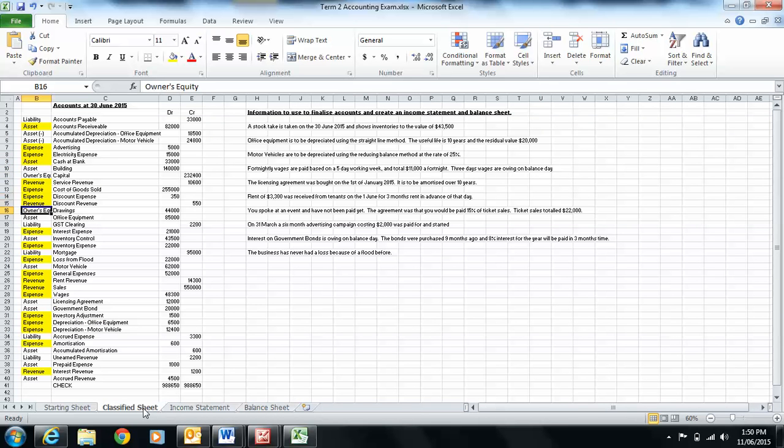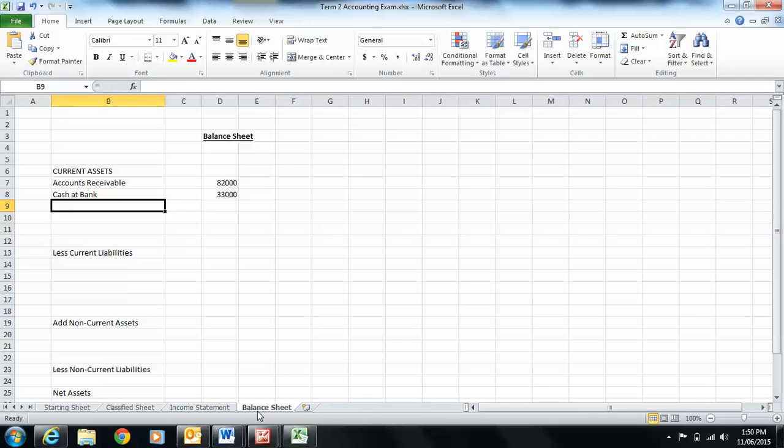The building isn't. The office equipment won't be a current asset. Inventory control, if we look, and again just check in our asset account, it is a current asset. So inventory control, $43,500. Remember, the control just means total.